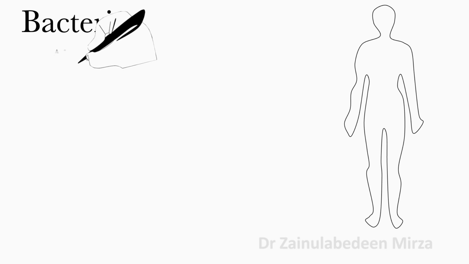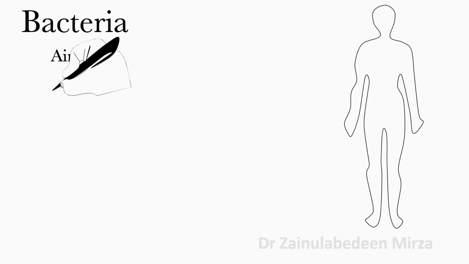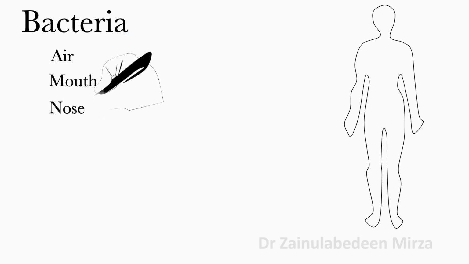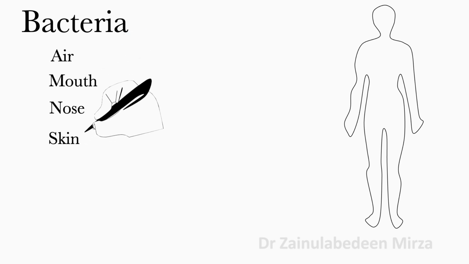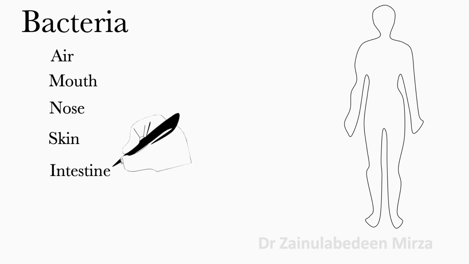Bacteria are everywhere: in the air, on the mucous membranes of people's mouth and nose, skin, and intestine. However, the body's immunological defense protects humans, and when pathogenic bacteria invade the body, a person will get infectious diseases.